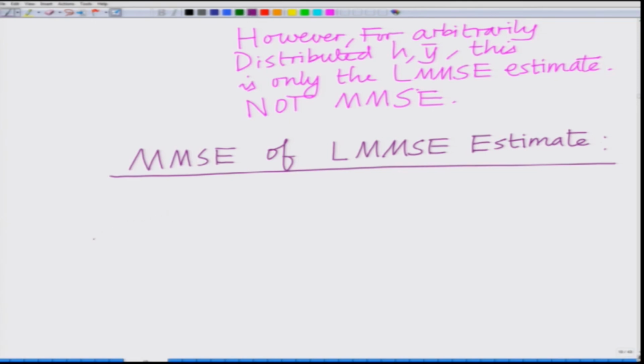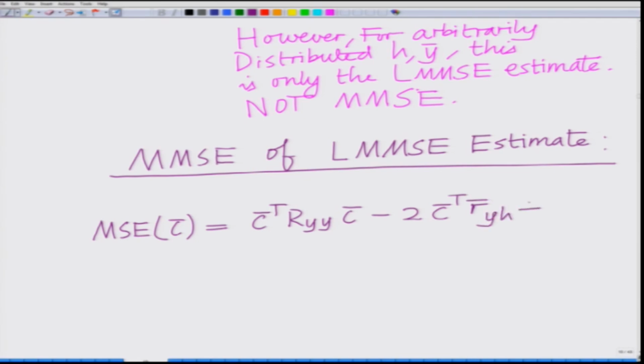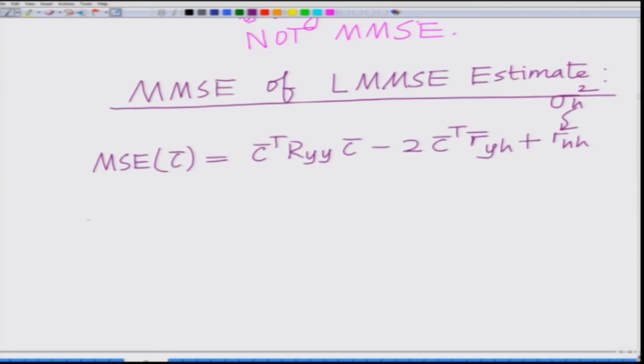Again, we have the MSE as a function of C bar. Recall, we already derived that: this is C bar transpose RYY C bar minus twice C bar transpose R bar YH plus RHH. RHH is nothing but sigma h square. Now I will substitute the expression for C bar.